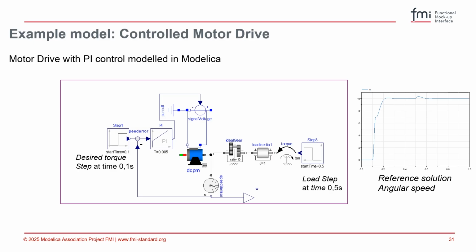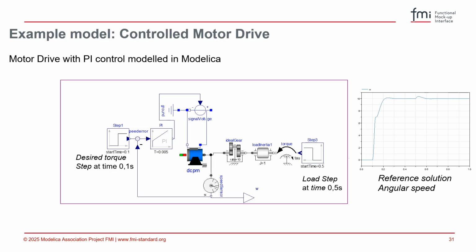Here we simulate for 1 second, and this electrical machine is controlled. The voltage is controlled by a PI controller, and here we get a step for the desired angular velocity from 0 to 10 radians per second at time 0.1, and the load torque jumps at time 0.5.